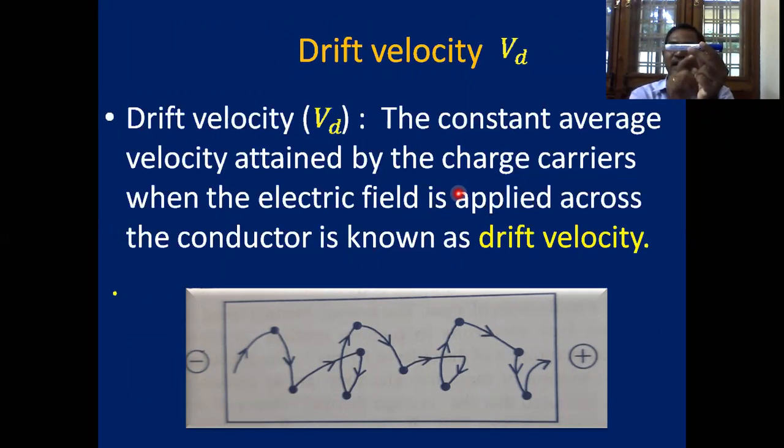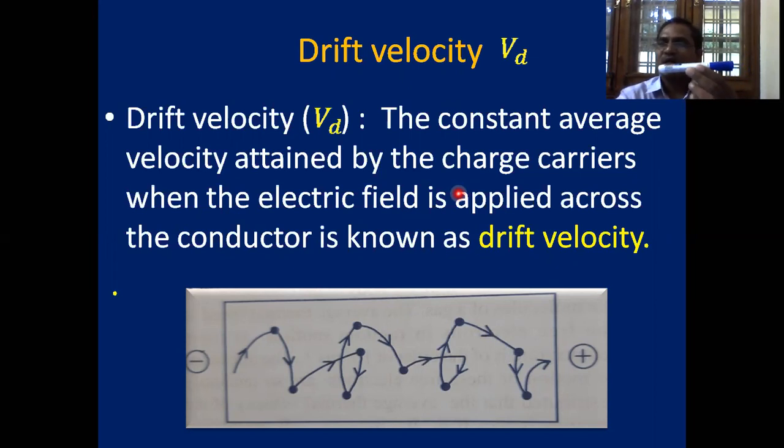Okay, right. So before applying the potential difference, in the absence of connection to the battery, the free electrons inside the metallic conductor move randomly, right, with different velocities. Their average speed is on the order of 10 power 5 meter per second.